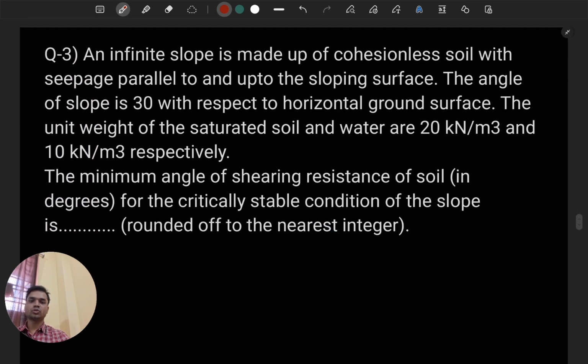An infinite slope is made up of cohesionless soil with seepage parallel to and up to the sloping surface.